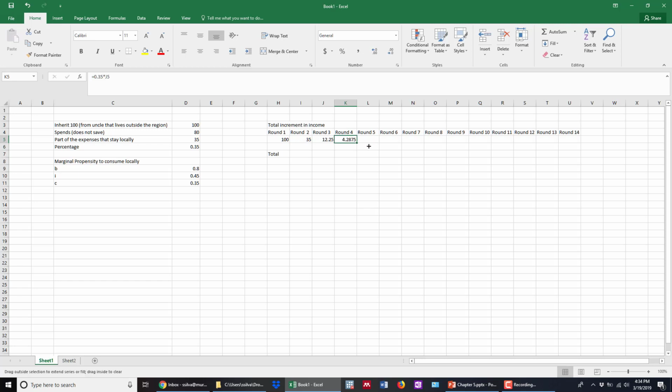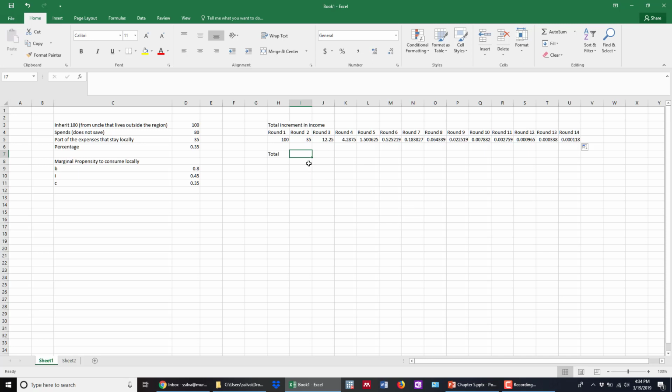There will be a round 5. Here I have until round 14. Because the amount is getting smaller and smaller, eventually you can stop calculating because the change is not significant or not meaningful. And then you can calculate the total here.